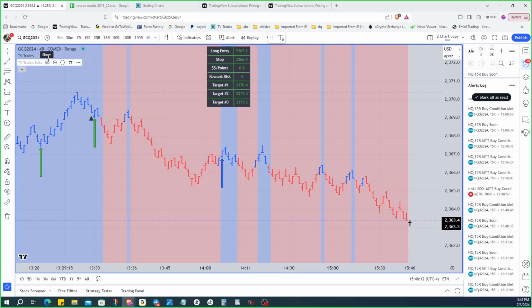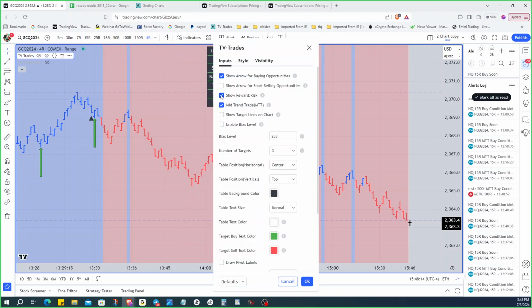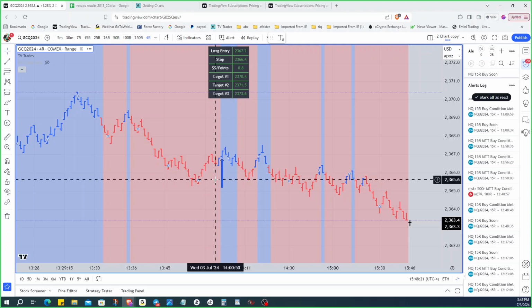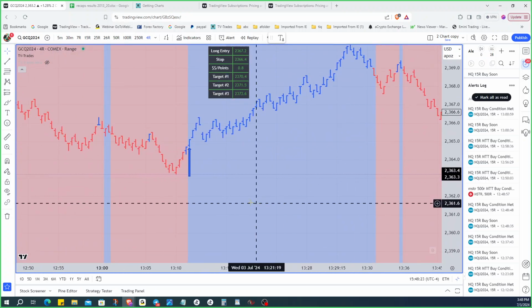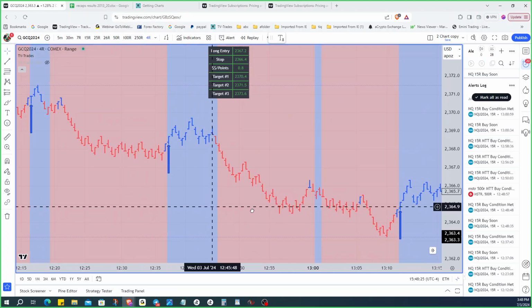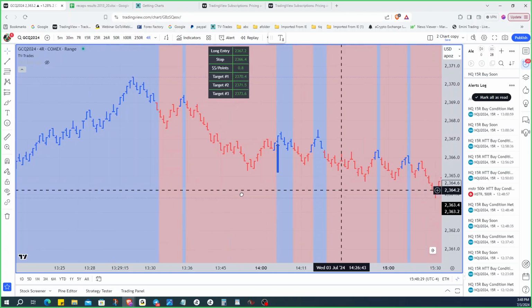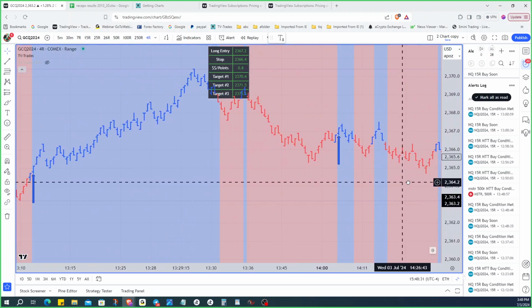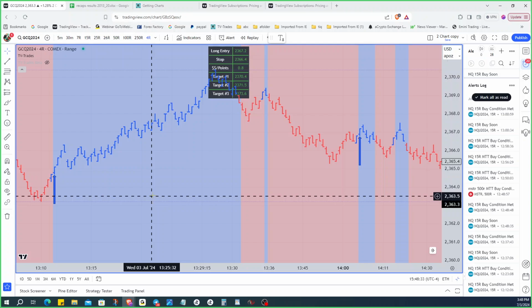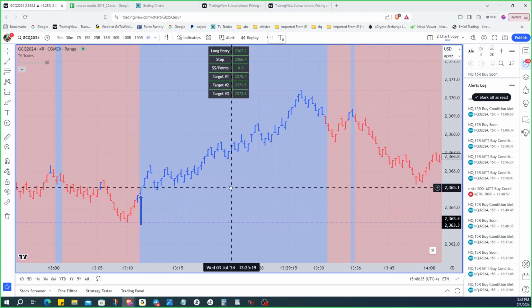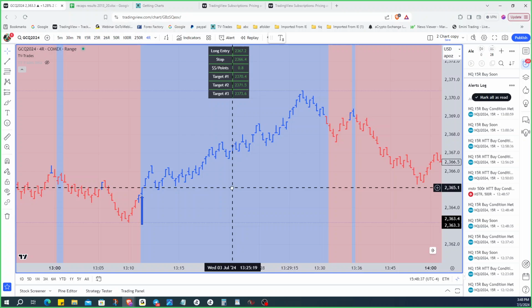So if you put the regular TV trades on, it's going to look like this. Okay, you're just going to have long trades, because I designed TV trades for stocks more than I did for futures. I mean, it works great with everything. It works great with ETFs, stocks, futures, options, forex, everything. But the majority of the people in here want to see futures.